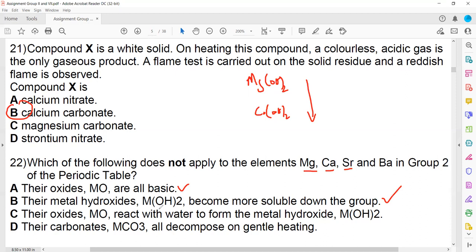That means they can decompose at low temperature or with a small amount of energy. That's wrong. So which does not apply to these elements? D does not apply to these elements, as their carbonates need strong heating to decompose into metal oxide plus carbon dioxide. So not by gentle heating.